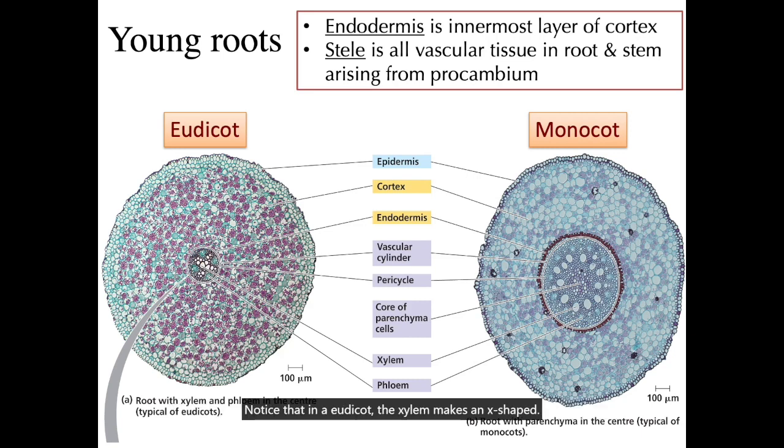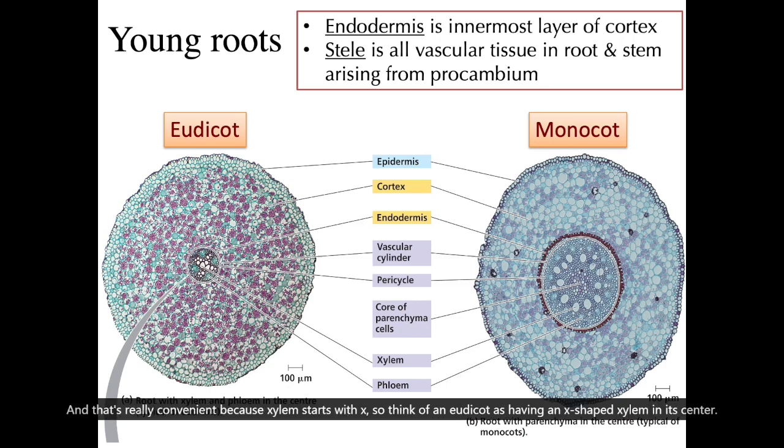Notice that in a eudicot, the xylem makes an X shape, and that's really convenient because xylem starts with X. So think of a eudicot as having an X-shaped xylem in its center. If you see a cross-section where you have a circle representing the endodermis and then an X, that is almost certainly a eudicot root.